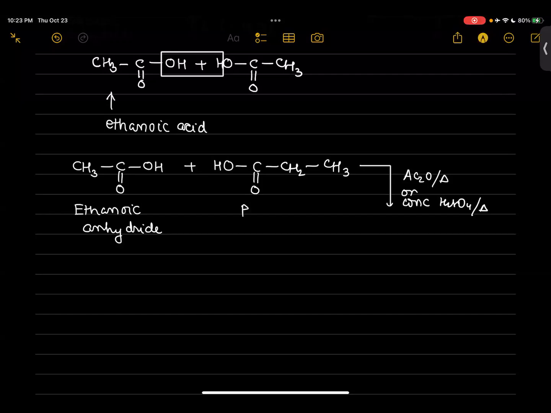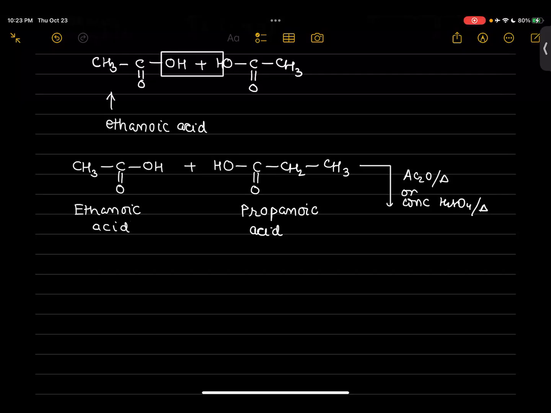It is not an anhydride yet, because it has not formed an anhydride. It is prior to heating. They were acids, so I am writing them as acids. And this is propanoic acid. Ethanoic acid and propanoic acid. These were the 2 acids.